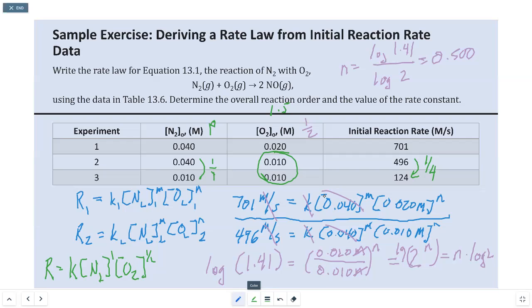To find the value of the rate constant, we're going to have to break out a whiteboard here. Anytime you're asked to find the value of a rate constant, the easiest thing to do is go back to the drawing board of our initial blanket rate law.